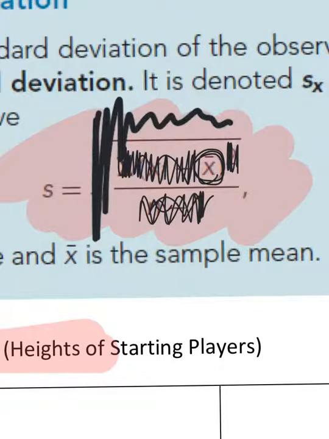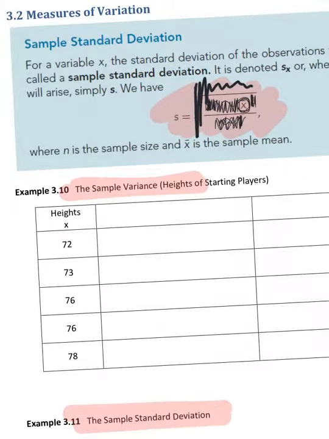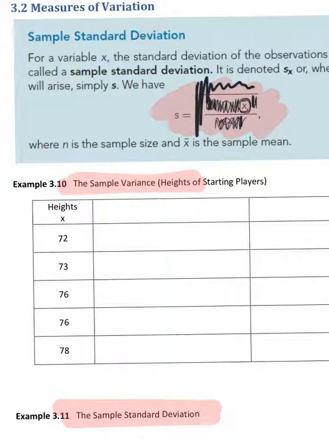So let me go back to the table. Here is 5 heights. Heights. Numerical or categorical? Numerical, thank you. Can you take the average? Step number 1, we can take the mean. Please take the average.